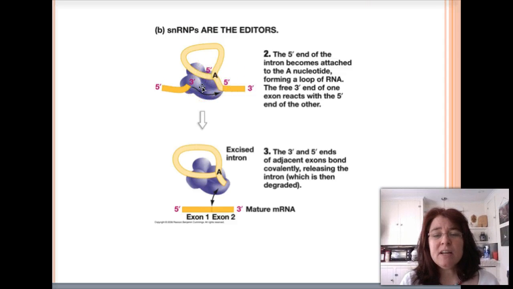The spliceosome is actually going to cleave off this exon, cleave off this exon, and then join them together with the ribozyme, the catalytic RNA, building a covalent phosphodiester bond in the center of the molecule. Here's the intron that's left behind, and this will be recycled and reused by the cell.